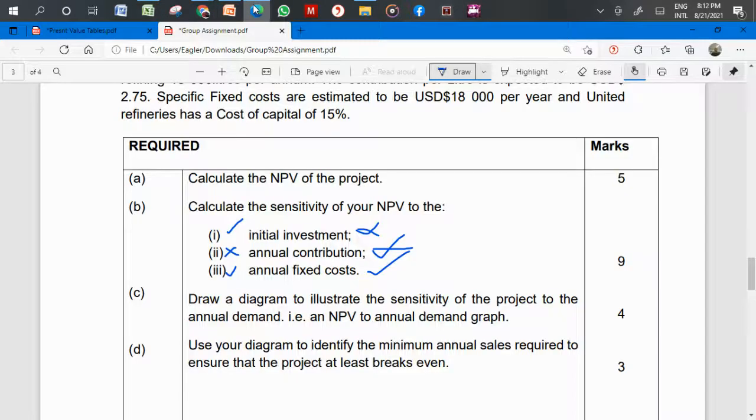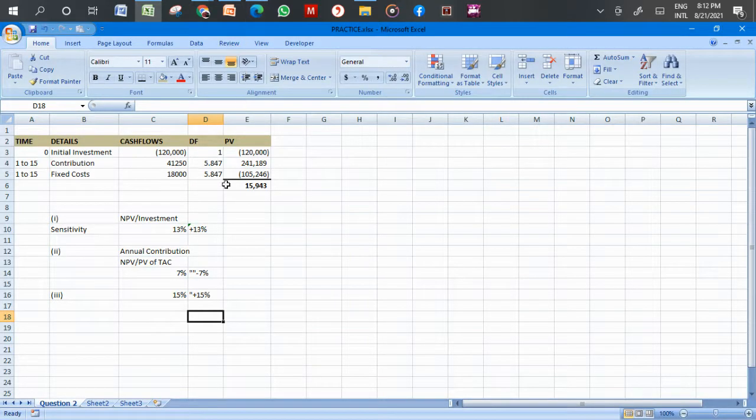Our requirement was to just calculate the sensitivity, but you can always put a comment, like the comments that I was giving. As an overall comment, you can see which one is most sensitive of the three. The one with the lowest percentage is the most sensitive.